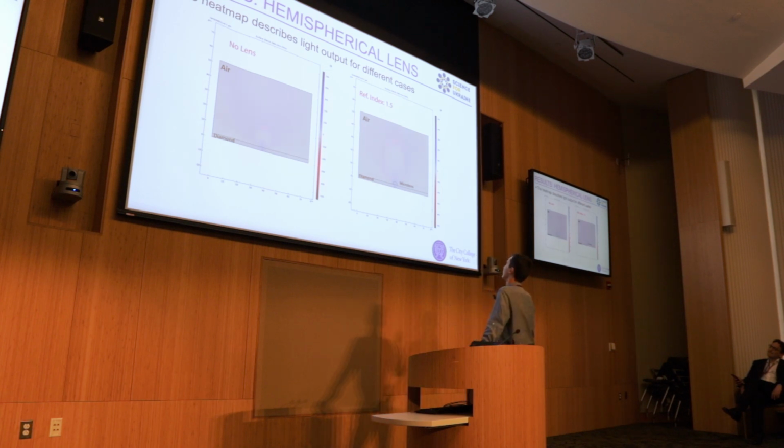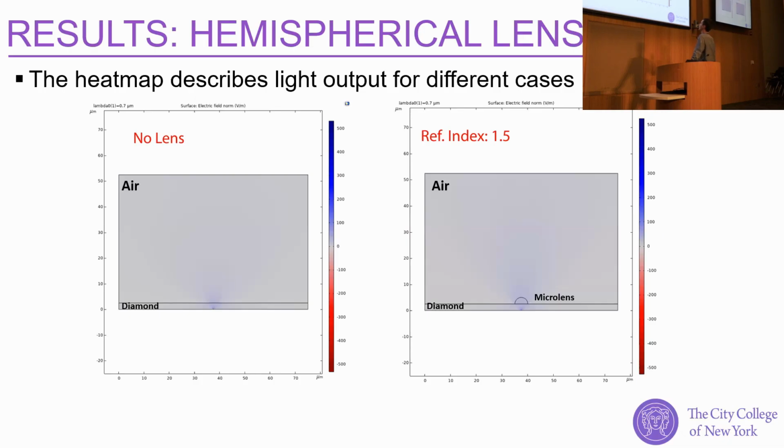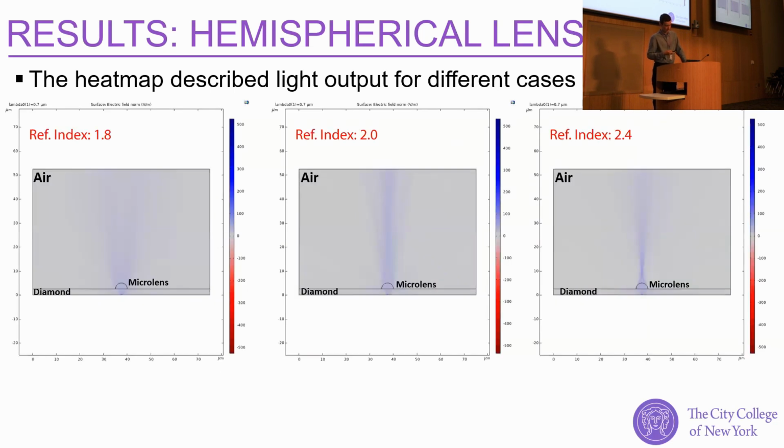And here with some microlens with the refractive index of 1.5, we get a little bit more light here. But then when we raise the refractive index even more, we can easily see that there is much more light coming in the direction of our objective.